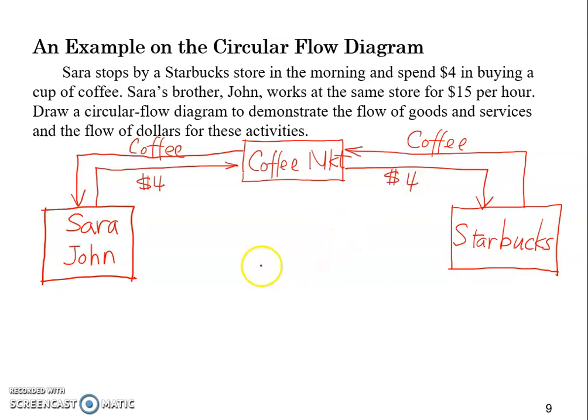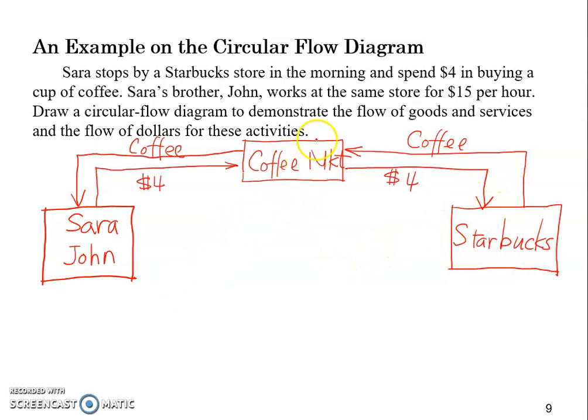So again, in this transaction, we see the flow of goods and services, specifically the flow of coffee through the market from the firm to the household. And we also see the cash flow from Sarah's pocket through the market to the Starbucks cash register.